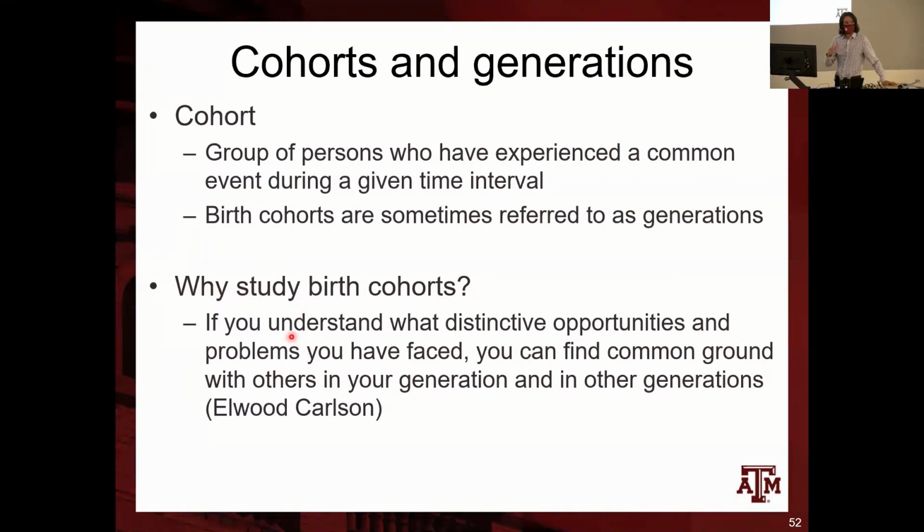If you understand what distinctive opportunities and problems were faced by specific people born around the same time, we can better understand the social, economic, and demographic challenges being experienced by those generations. And that can be used to better implement policies for future generations as well.